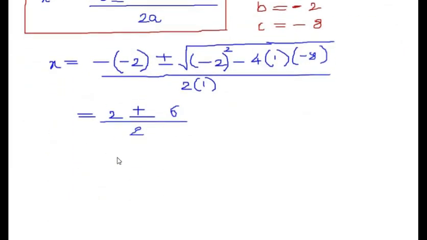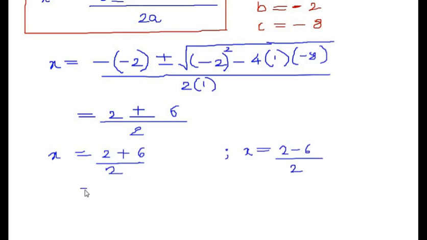Now we have got two values of x given as x equals 2 plus 6 over 2, and another value is x equals 2 minus 6 over 2.